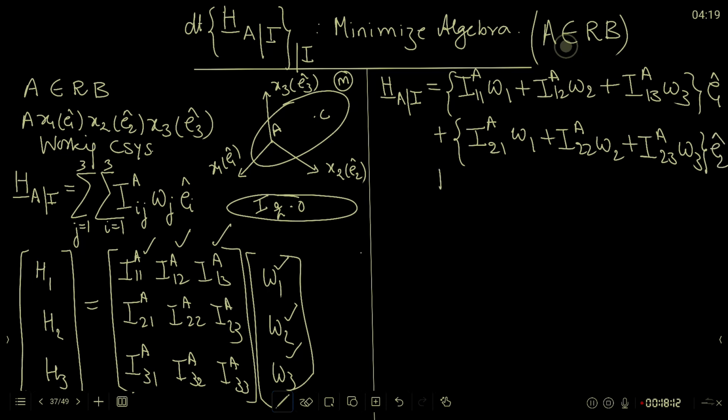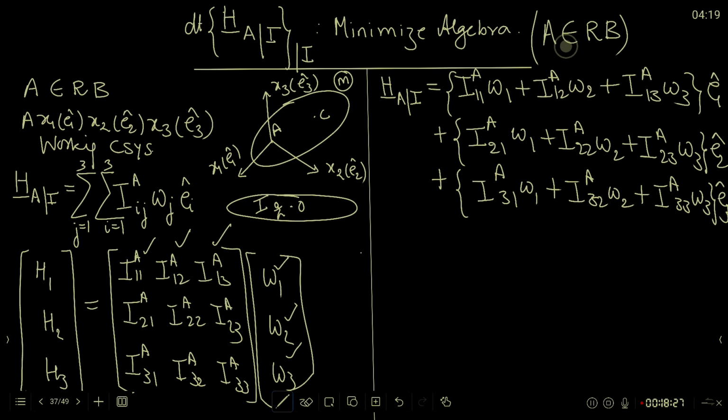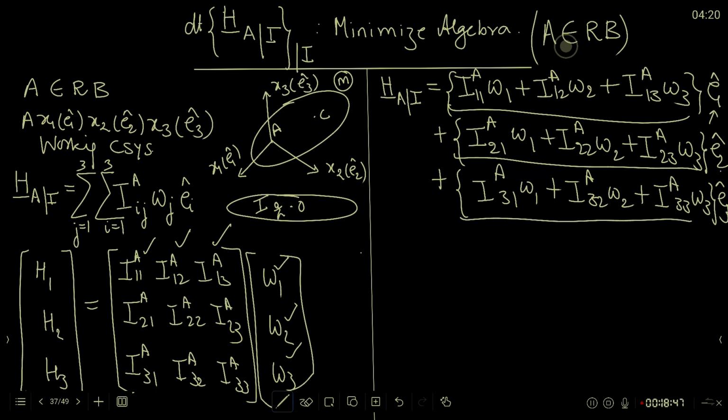This will be the vector expression. This will also come directly from the derivation that I was trying to show towards the end of previous class. This vector HAI will turn out to be sum total of the 9 terms on the right hand side, where the first 3 terms are the coefficient of E1, the next 3 are coefficient of E2, and the next 3 are coefficient of E3.